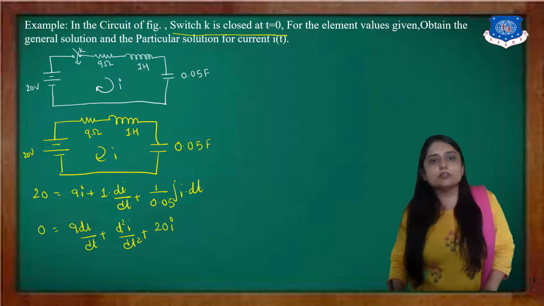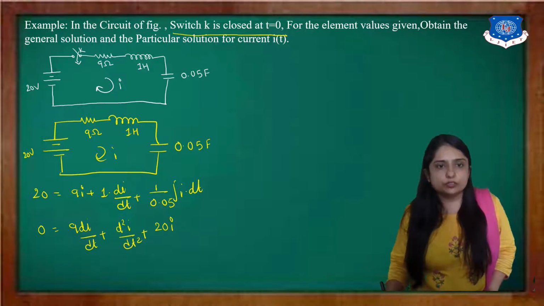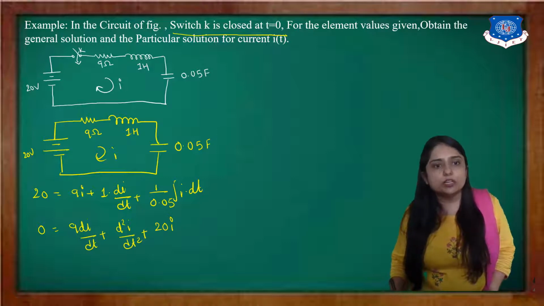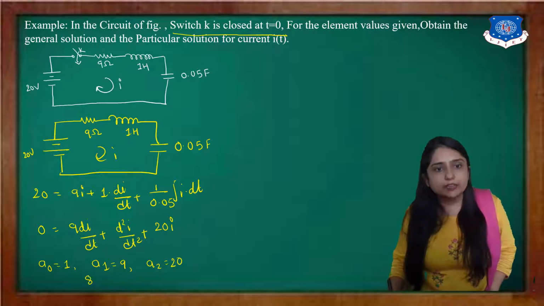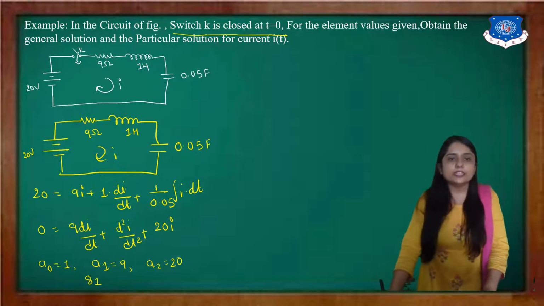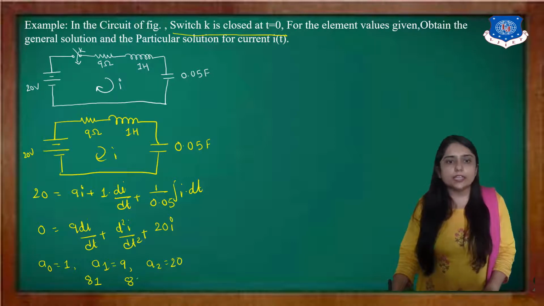Now you will just write down the coefficients. The coefficient of the double derivative becomes A0, that equals 1. The coefficient of the single derivative is 9, and A2 equals 20. Now you just check A1 square. A1 square is 81, and 4A0A2 equals 80.